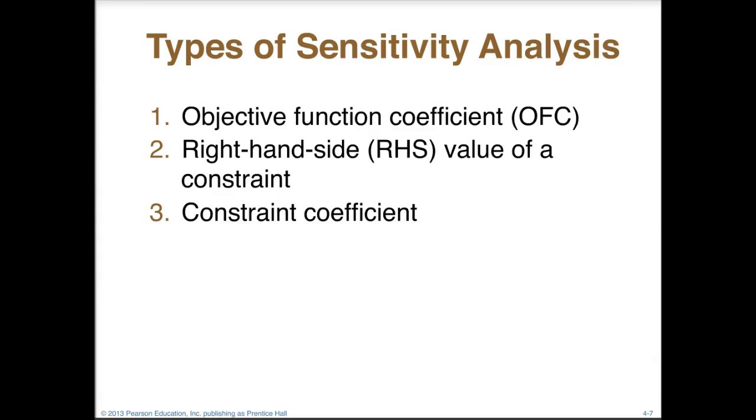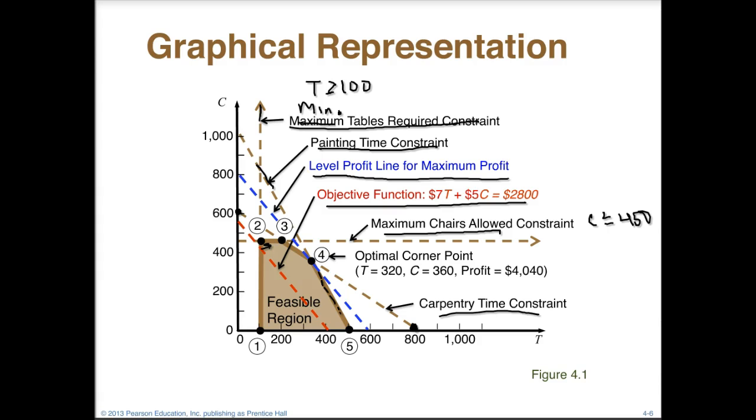I'm going to go back there to show you, because that's exactly what this level profit line is. This line, which is right here, has the same slope as the objective function, and it intersects a corner point. And of course, we know for that particular corner point, we get the most profit. So that's what that's saying.